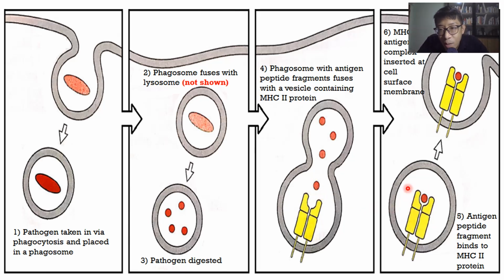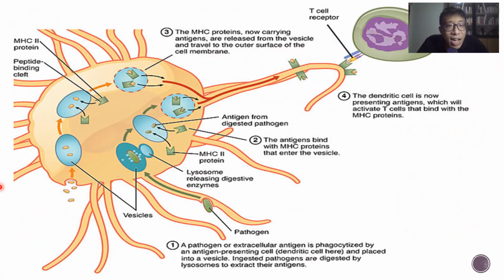This complex would then be inserted into the cell surface membrane of this antigen presenting cell. So now the fragment of the antigen is presented or displayed on the cell surface of the antigen presenting cell. I hope this makes the process a bit clearer.